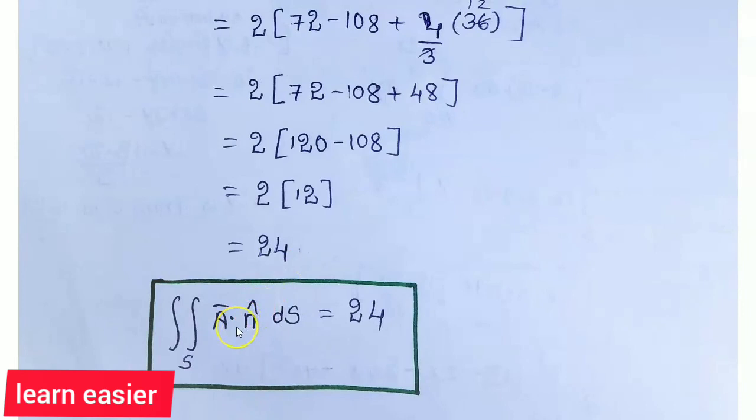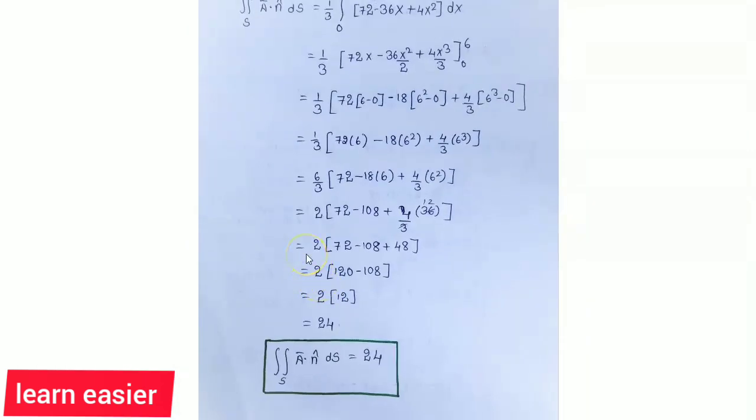So finally we got the surface integral of a bar dot n cap ds equal to 24. So what are the steps that we follow? The first step is finding the normal vector, and then the unit normal vector in the second step. The third step is the dot product of f bar dot n cap, and the fourth step is the consideration of ds, which is dx into dy by mod k bar dot n cap if you consider the projection of the surface on the xy plane.